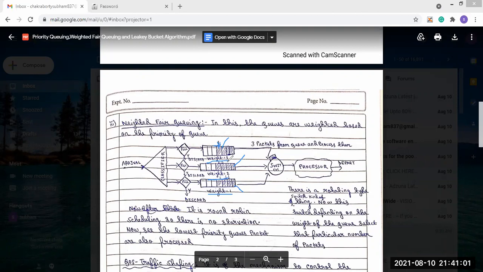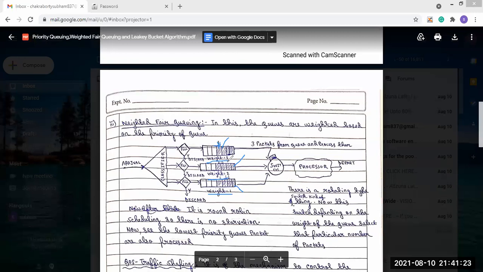According to the weight, the packets are chosen. The first queue has weight 3, so it has the highest priority. From here 3 packets are chosen. Then the processor processes them, and the packets are departed.